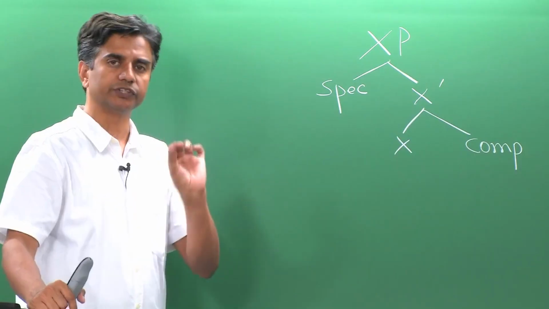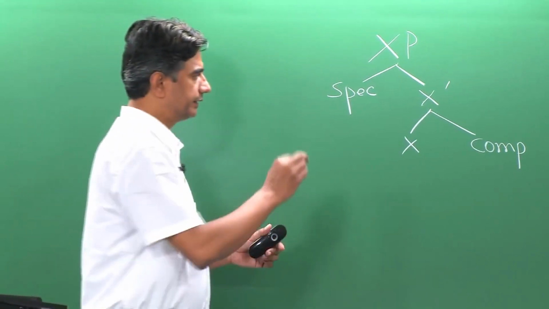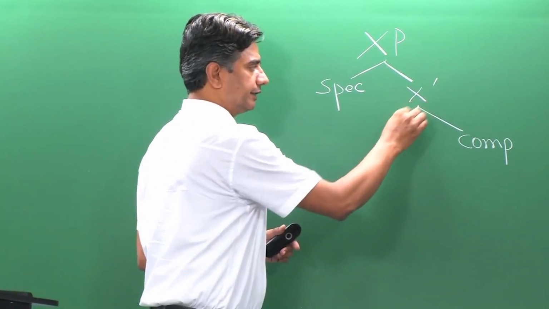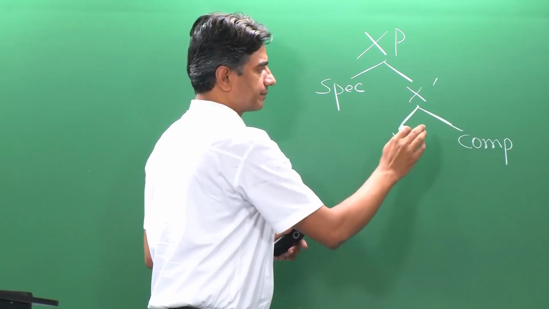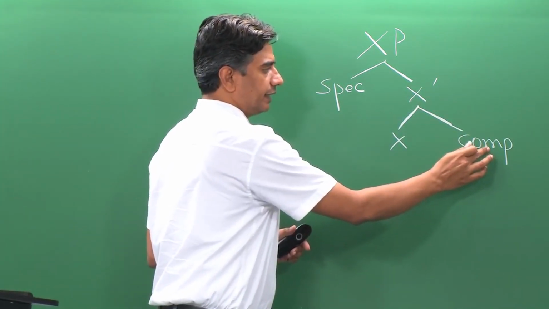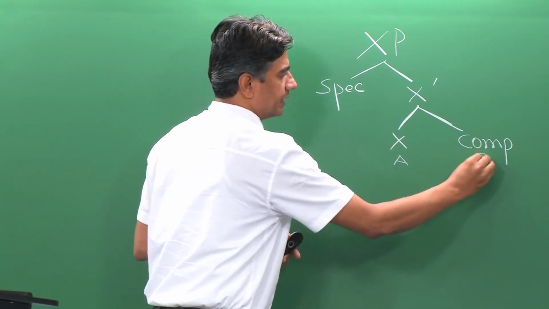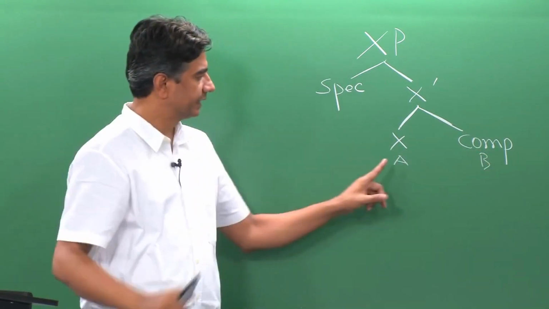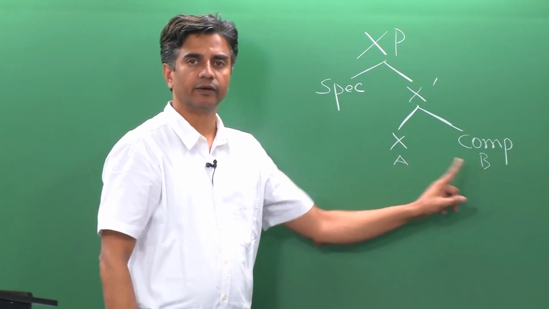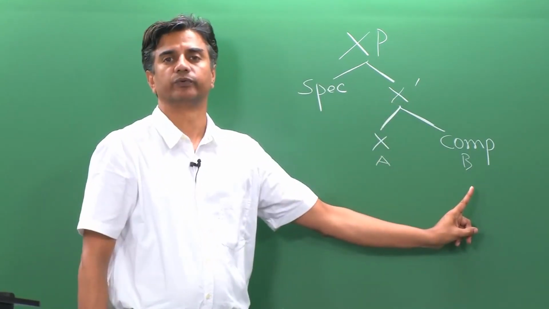The simple notion involved in C-command is: if this is A and this is B, then A C-commands B when the same branching node dominates both.